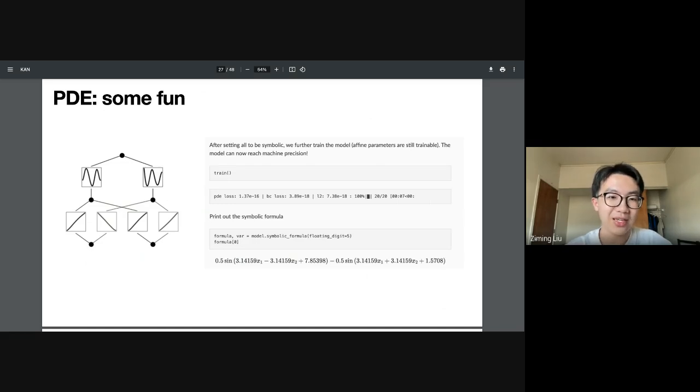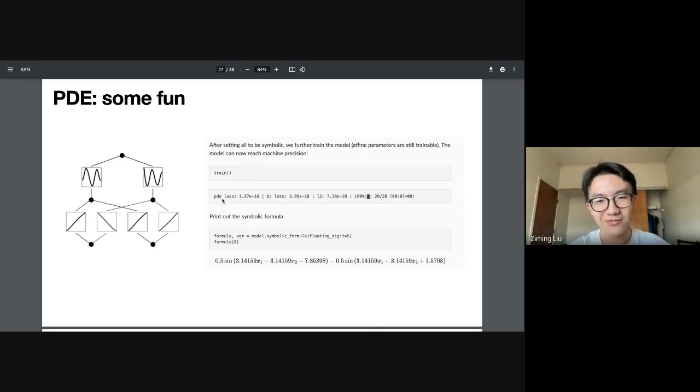After training, you can even try to visualize the KANs, and you see that in the first layer there are some linear functions. In the second layer, it looks like some sine functions. So you can get some insight into what these functions look like, and you can even try to symbolify them.